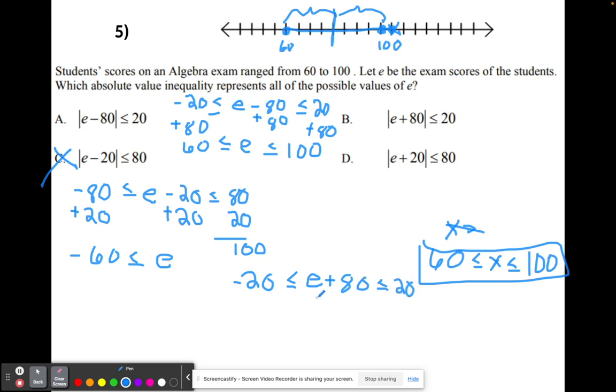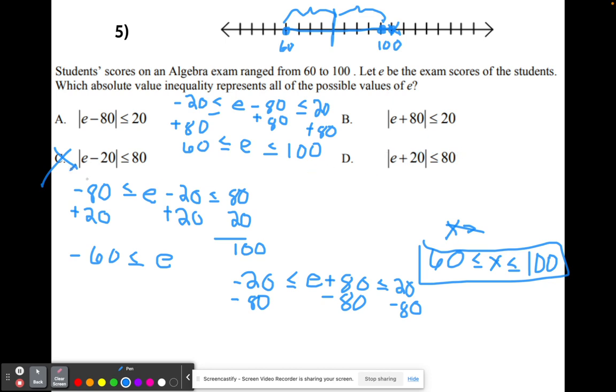When I subtract 80 from all of the sides, I'm ending up with negative 100, which is not an answer I like. And on this side, I end up with negative 60. My range of numbers is not negative 100 to negative 60. So this doesn't work.